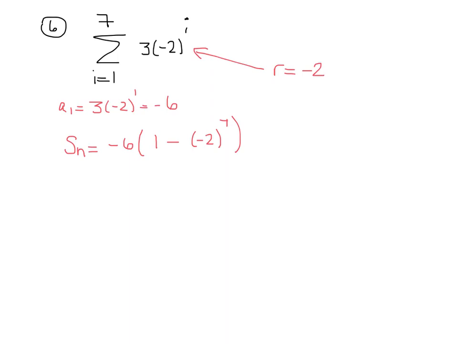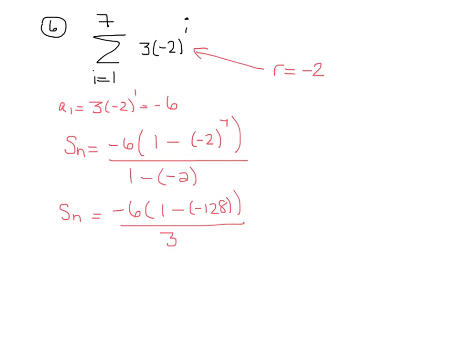That doesn't instantly make this a positive. I have to first think about what is negative 2 to the 7th, and then I can see if it makes a positive. All divided by 1 minus that negative 2. Resulting in negative 6 times the quantity of 1 minus negative 128 over 3.